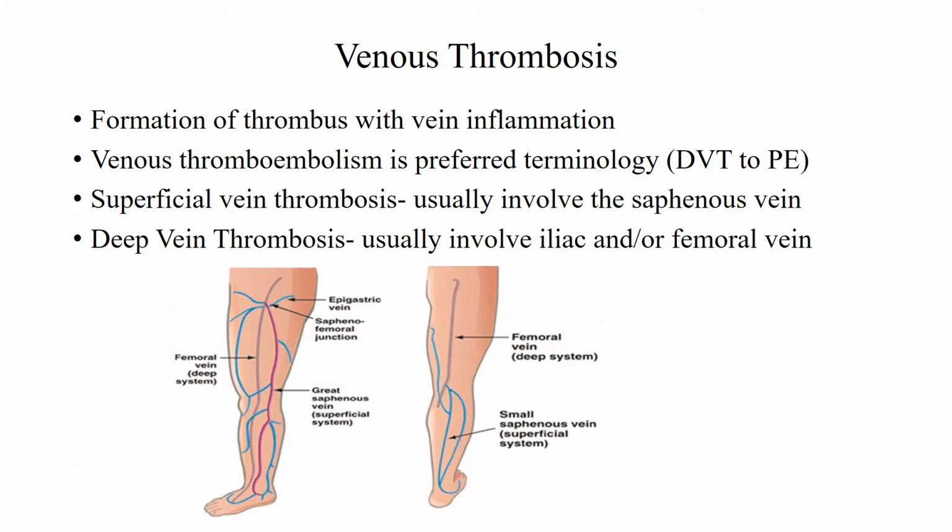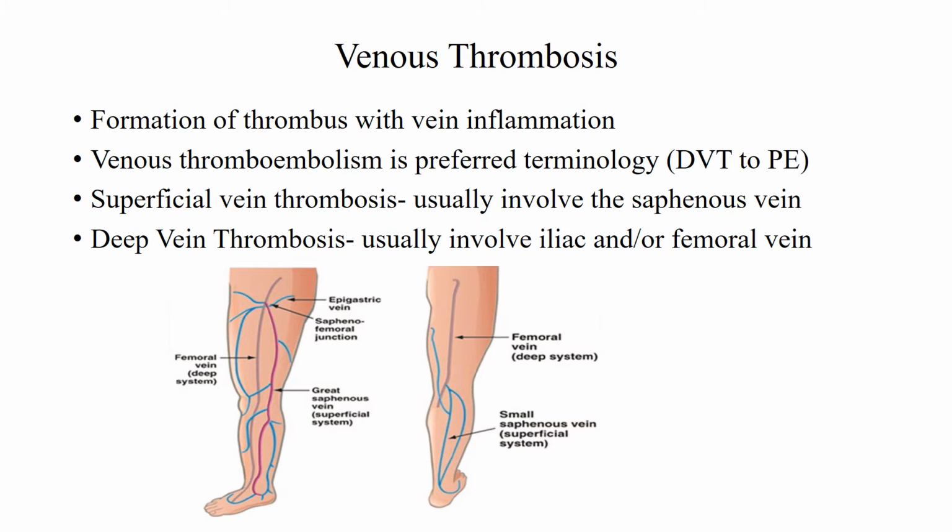Another problem with peripheral vascular disease is venous thrombosis or blood clots in the veins. Venous thrombosis is the formation of thrombus or clot with vein inflammation. The preferred terminology for it is venous thromboembolism, which includes the spectrum from deep vein thrombosis to pulmonary embolism.